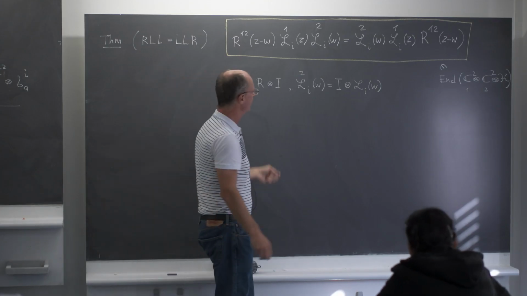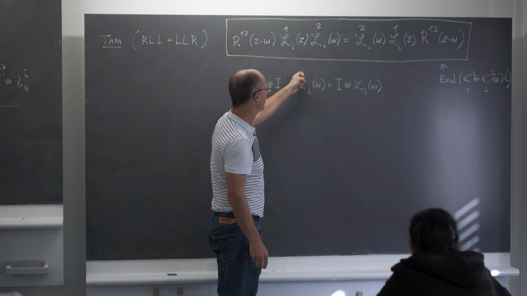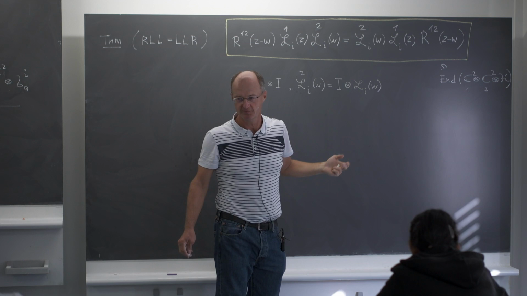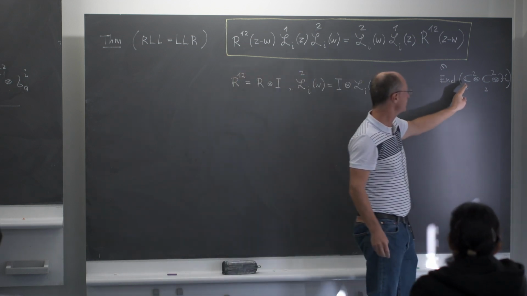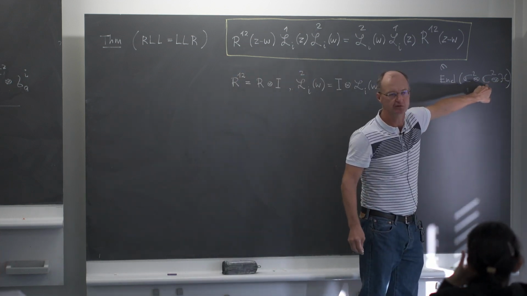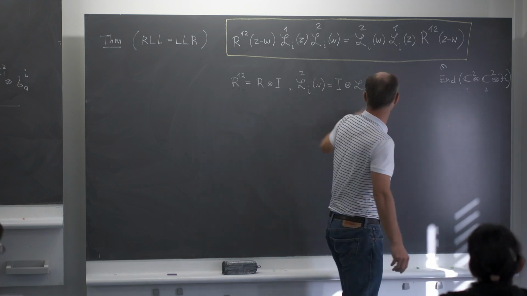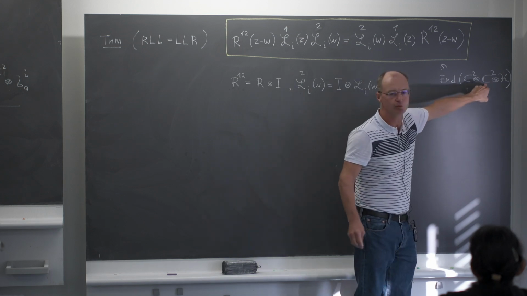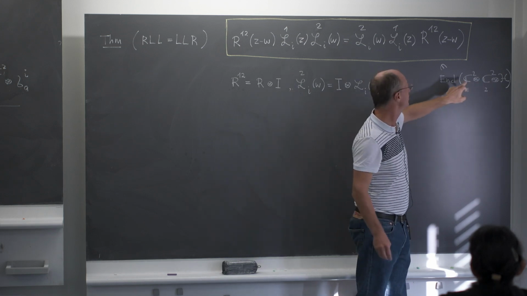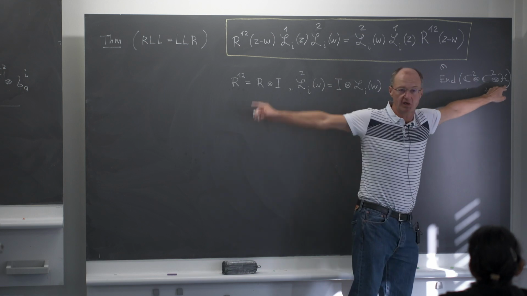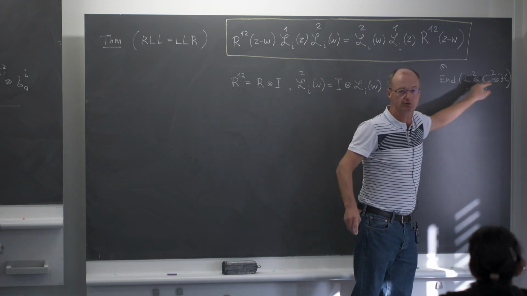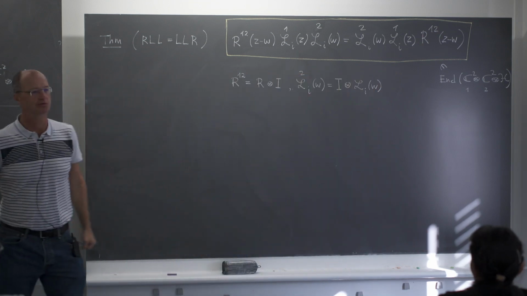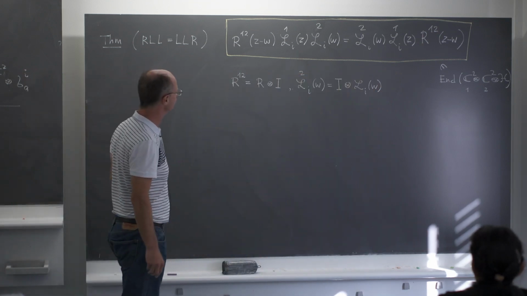Now you see, I decided to write Li2 and Li1 I didn't want to write. Why? That's because this Li1 has 1 in the middle, so I don't quite know how to write it nicely. It's the same construction, but it acts by 1 on this guy in the middle, and it acts as Li on the product of those 2 spaces. So invent a good way to write it.